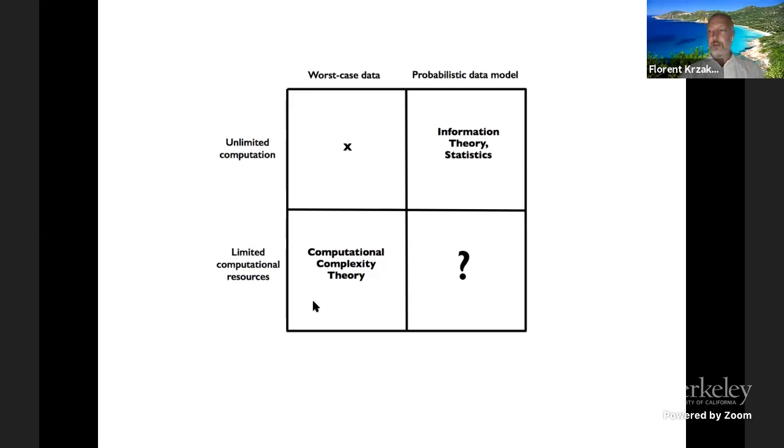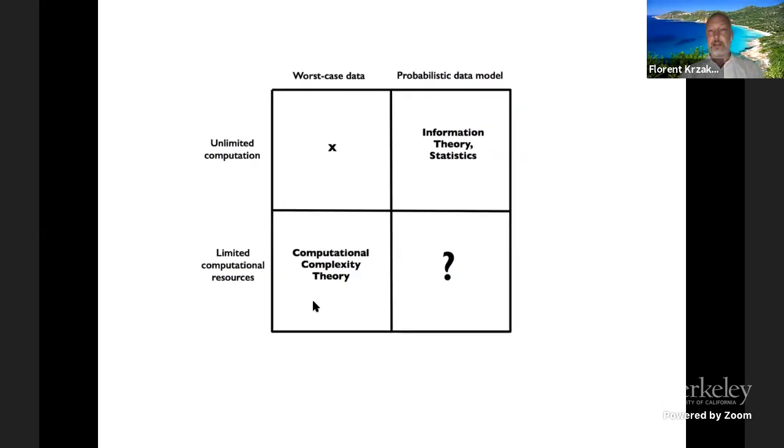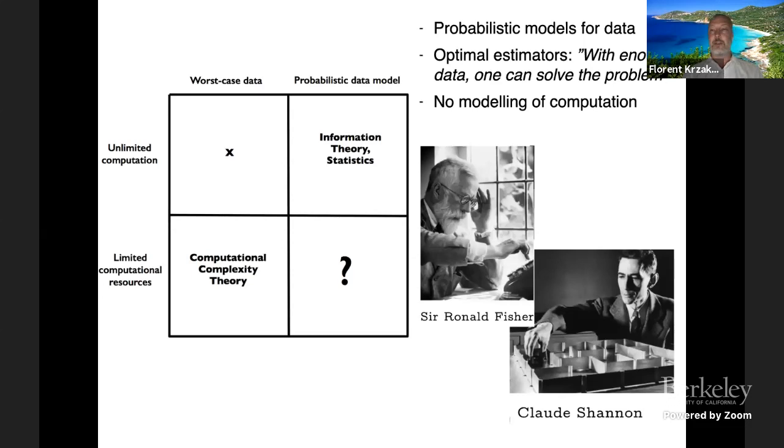Well, the answer to those questions depends on who you ask. Traditionally, if you are thinking about statistics, and certainly that's true in the very old days of Fisher and Shannon, and even before them, Laplace, well, it's easy: you design the probabilistic model for data, then you try to find the best optimizer, and you work it out. And in fact, there is a good statistical theory that tells you how to design good estimators for the quantity you are trying to learn.